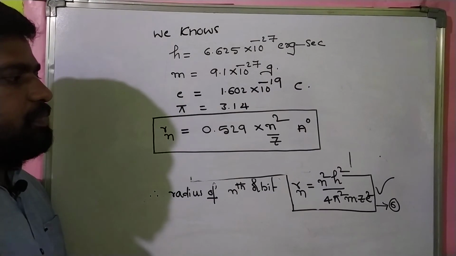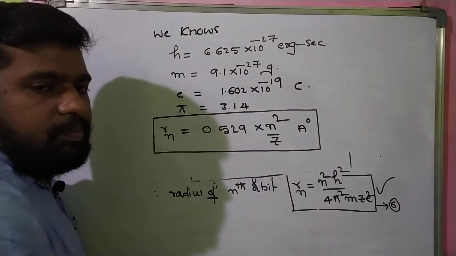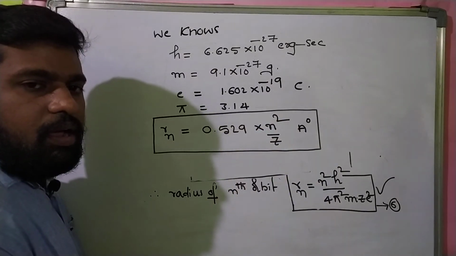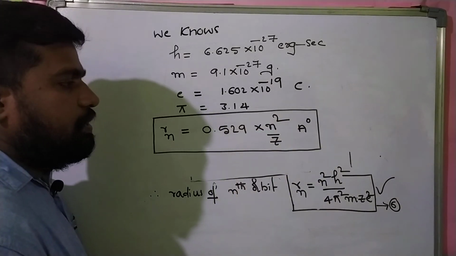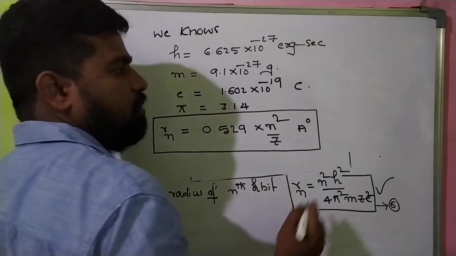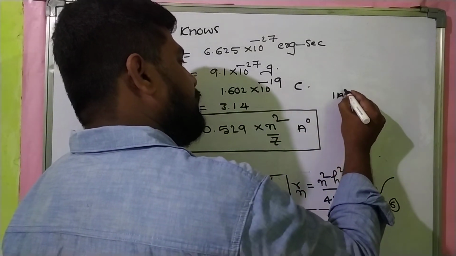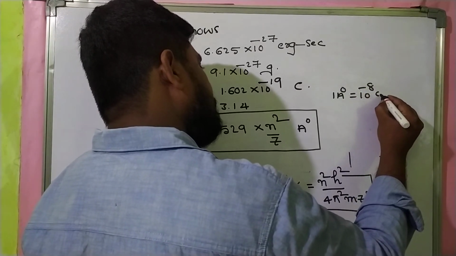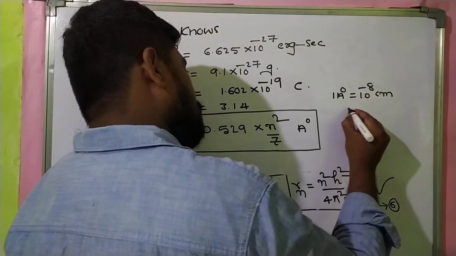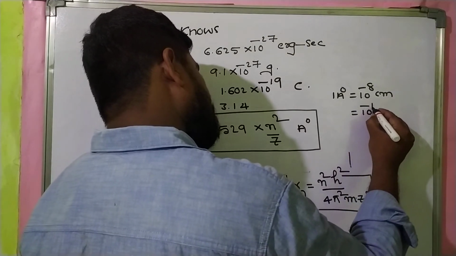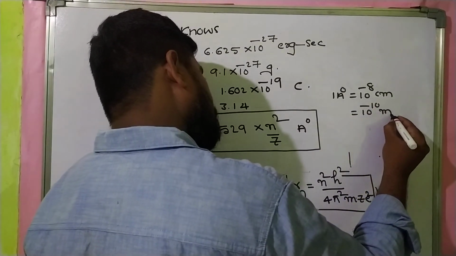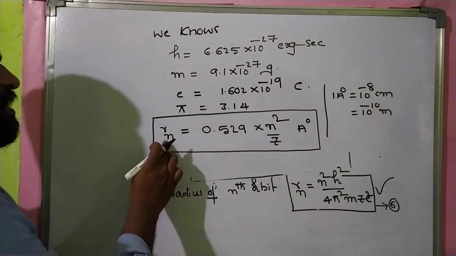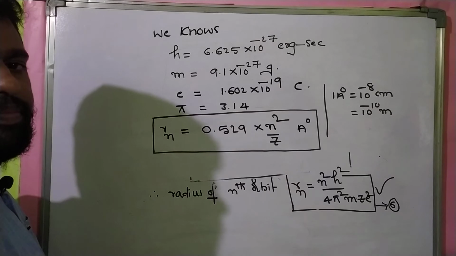Very important. Here z is atomic number and n is the orbital number. Angstrom units: 1 angstrom unit equals 10 to the power of minus 8 centimeters, that equals 10 to the power of minus 10 meters. Okay, so this is the radius of nth orbit.